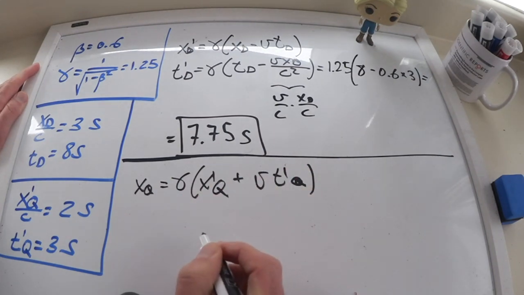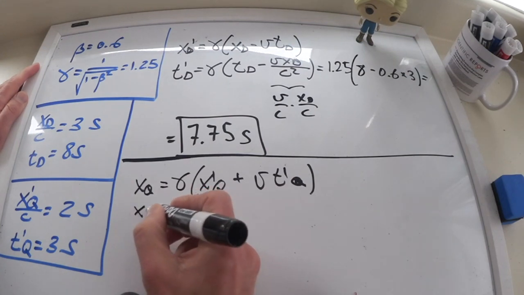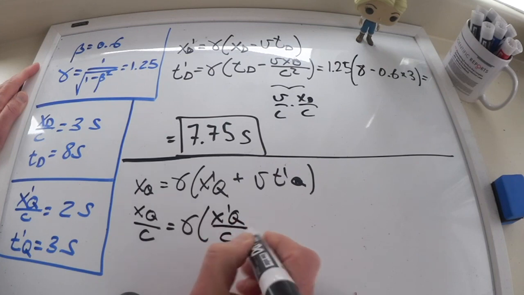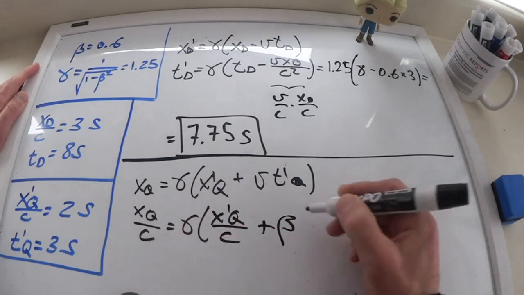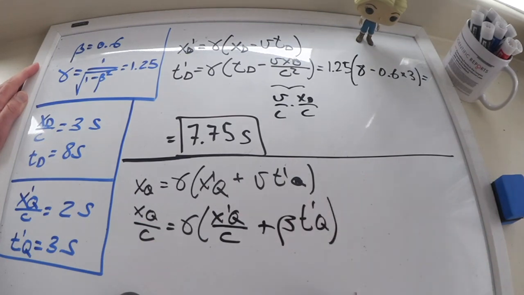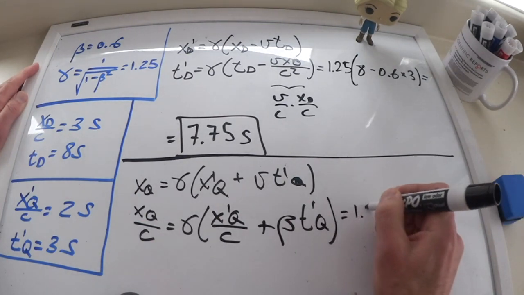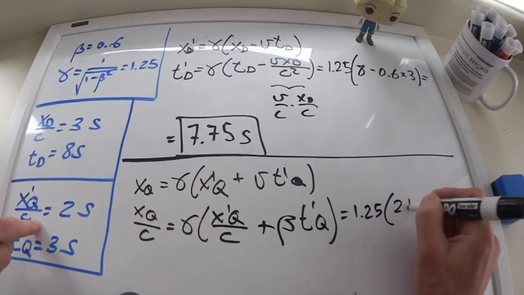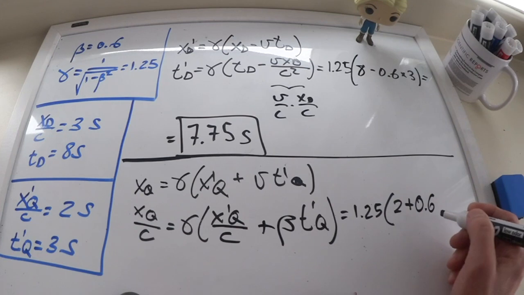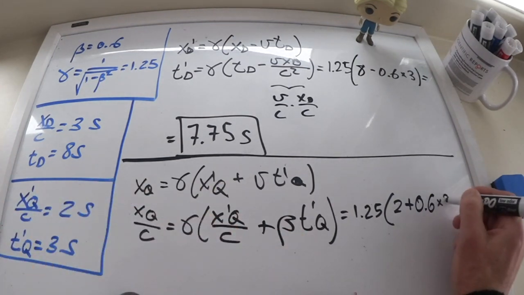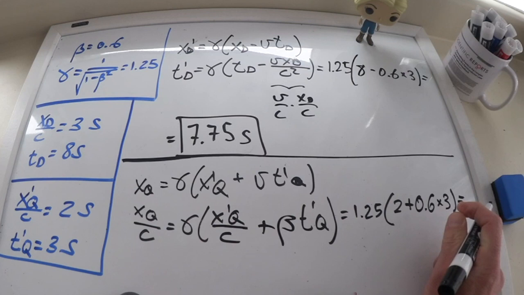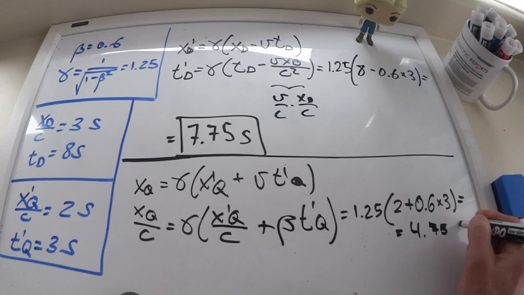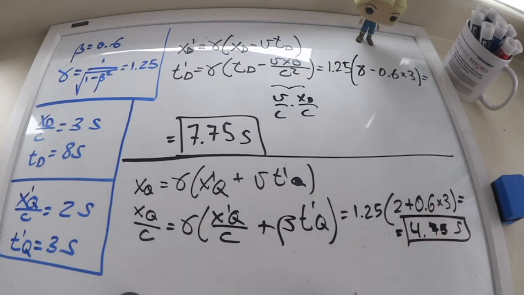Now I will divide everything by c, so x_Q over c equals gamma times (x'_Q over c plus beta t'_Q). Then I can use those units. Gamma 1.25, x'_Q over c 2 seconds plus beta 0.6, t' 3 seconds. That gives us a position of 4.75 seconds, which agrees with what we found on the diagram.